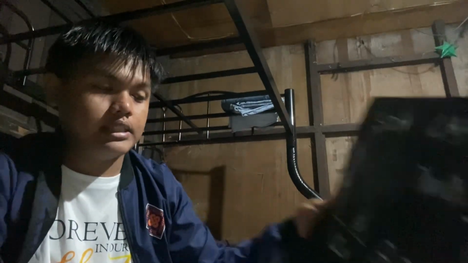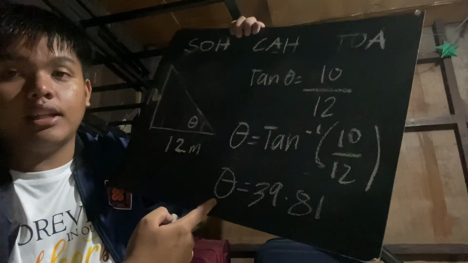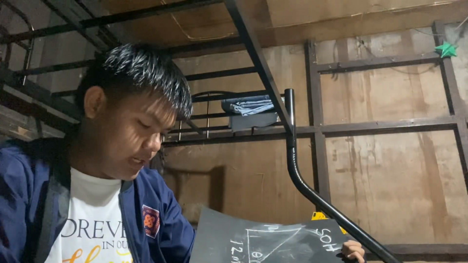So the angle theta is equal to 39.81, because you need to round off to the nearest hundredths. Don't forget, if you are finding theta, if you're finding the degree, you need to put a degree sign here.